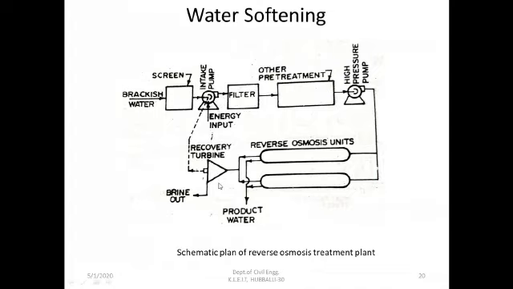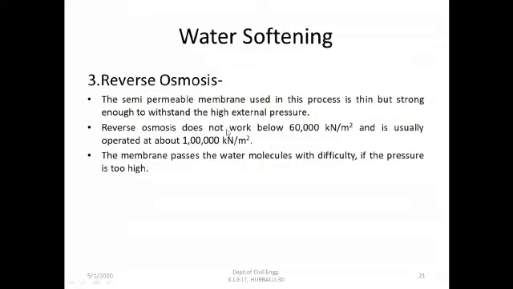But you have to observe here the most, that is the water in the form of brine output, a lot of water is being wasted here when the reverse osmosis has to be done.